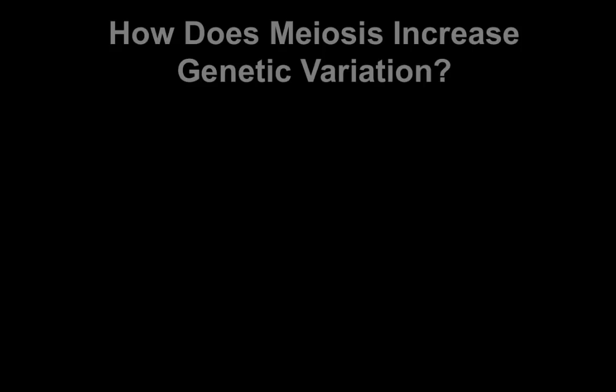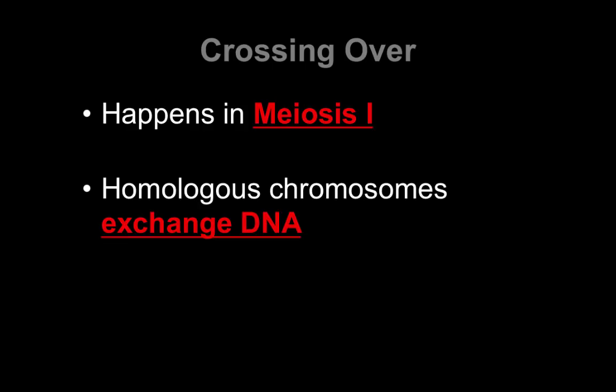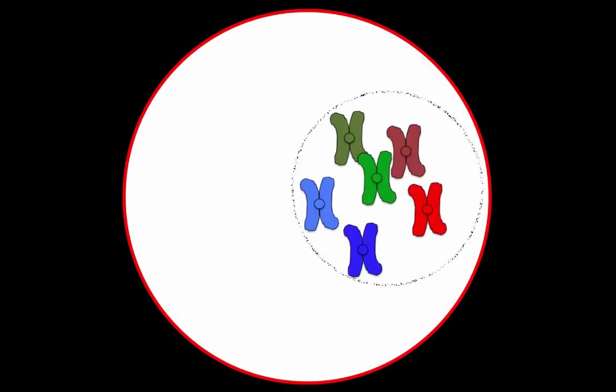Now, finally, we need to look at how meiosis increases genetic variation. And there are 2 processes. We're going to look at crossing over and independent assortment. So crossing over happens in meiosis I, and basically it's where homologous chromosomes exchange, or kind of trade, DNA. I just think of it like making a trade.